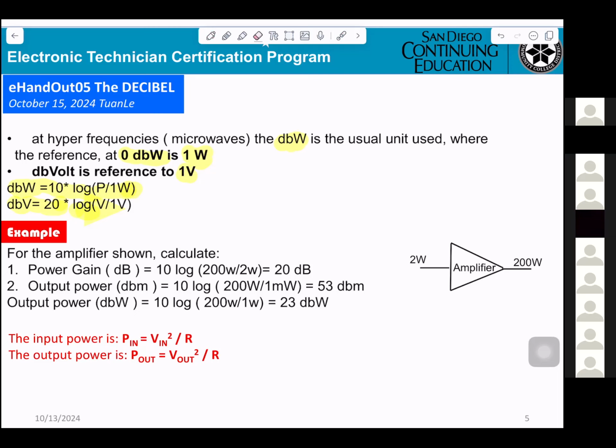P equals R I square. One formula. P equals V square over R. Next, P equals V times I. So basically you get 3 formulas to calculate the power.